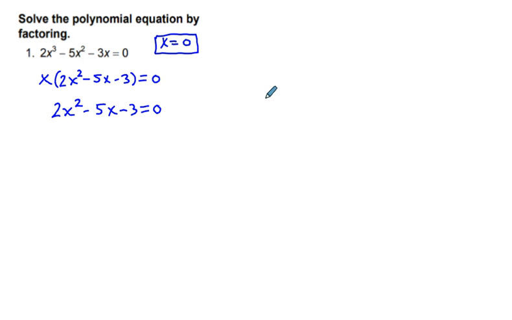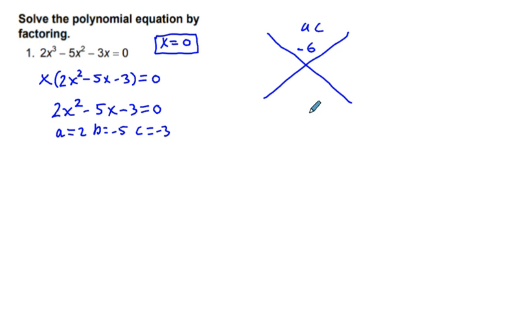And I suggest in this class using the x method or bottoms up method, where we have a equals 2, b equals -5, and c equals -3. Well, AC will go up on top here, and AC, 2 times -3, is -6. And then B down below, B is -5.